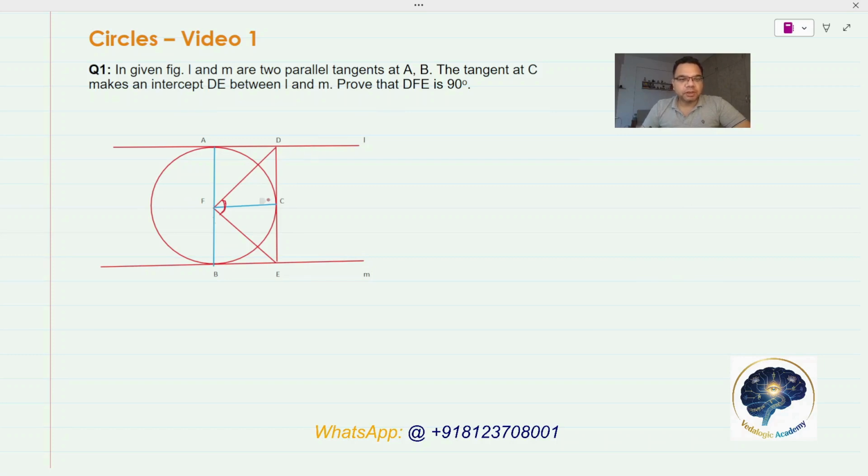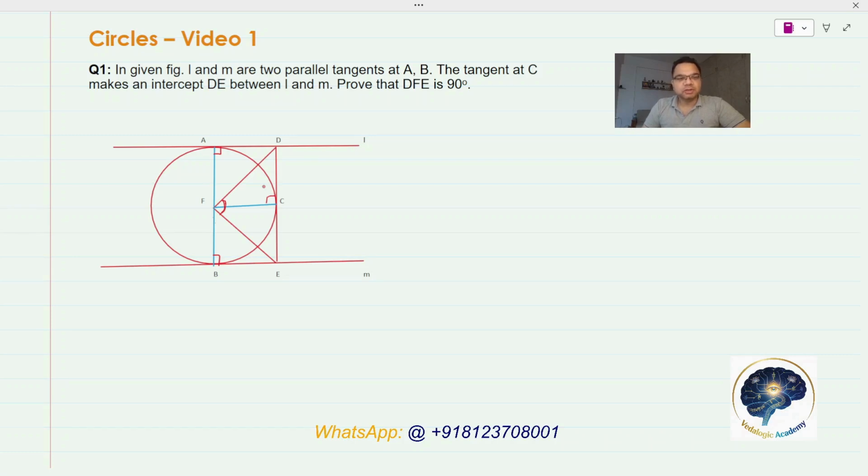Okay, so in this question, what I have done already is I have drawn these radius from, let's say, center F, from F to C, F to A and F to B. Okay, so this is 90 degree we know, this is 90 degree we know, this is 90 degree. So in questions of circles, you write whatever you already have. Once you write it, it will become very easy for you to understand and do the questions afterwards.